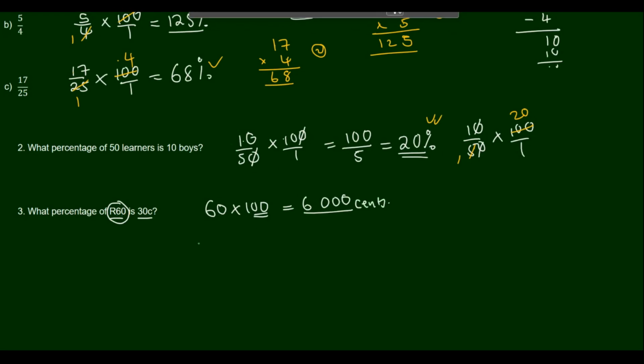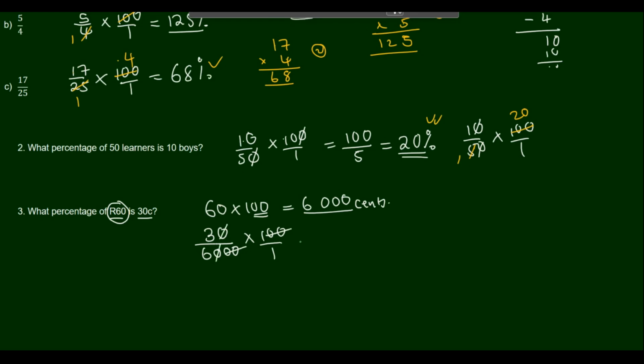Now our units are the same. So what percentage of 6,000 cents is 30 cents? So it's 30 out of 6,000, and then times 100 over 1. And then cancel the zeros, like dividing by 100. Then again you will divide by 10. Cancel the 0. What are we left with?